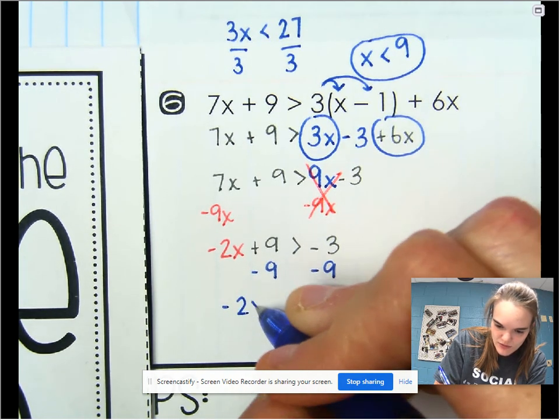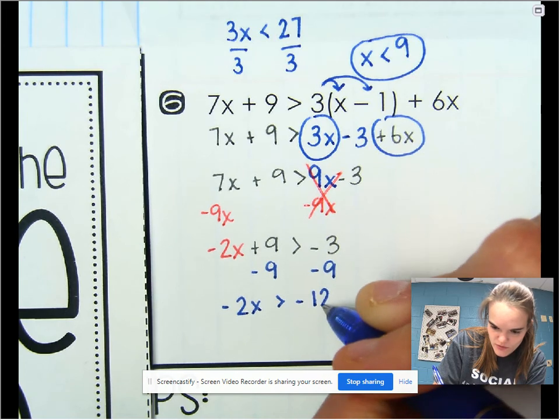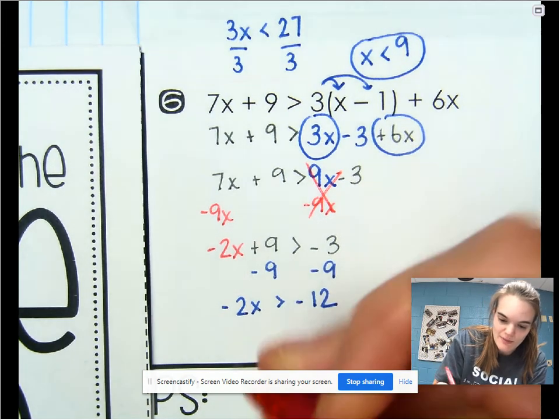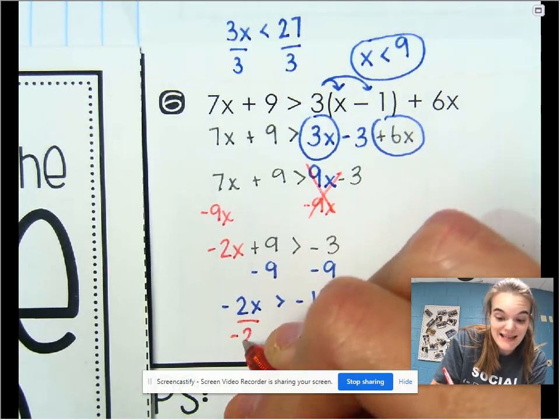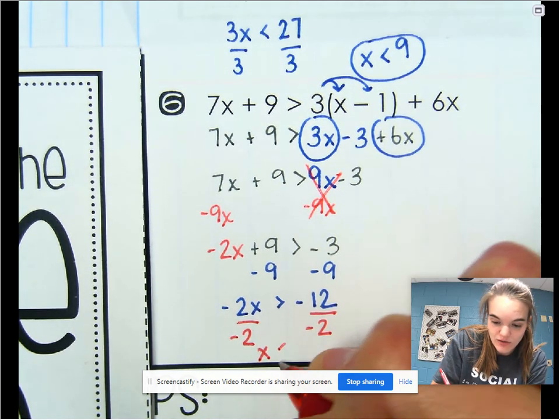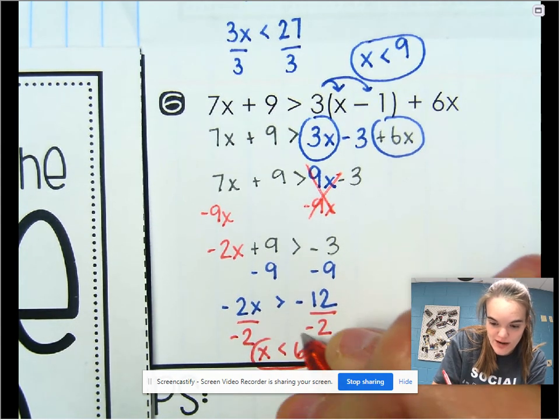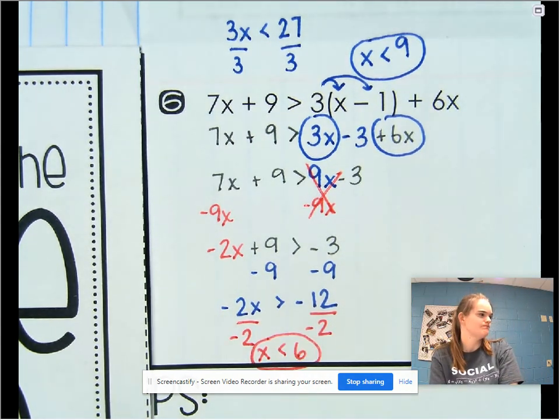Negative 2x is greater than negative 12. And last, divide by negative 2. That means x is fine, but it's now less than 6. Switch it around if you divide by a negative, okay?